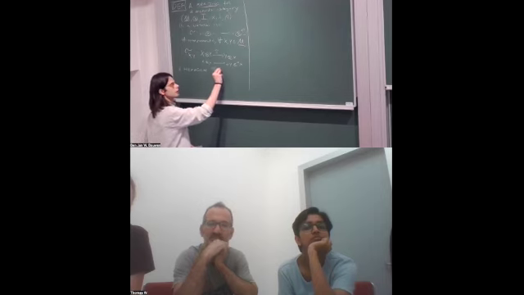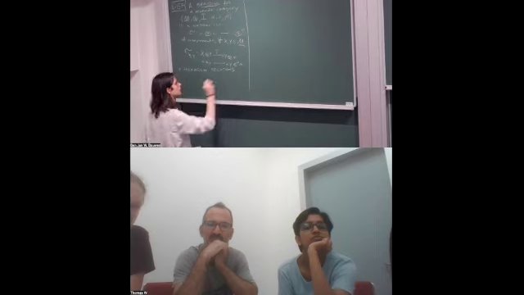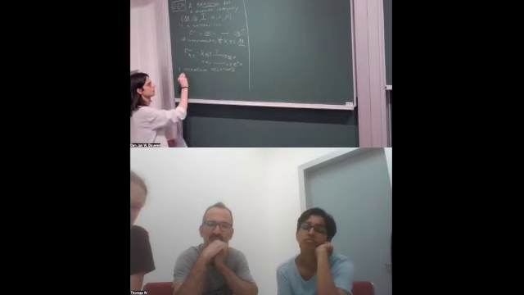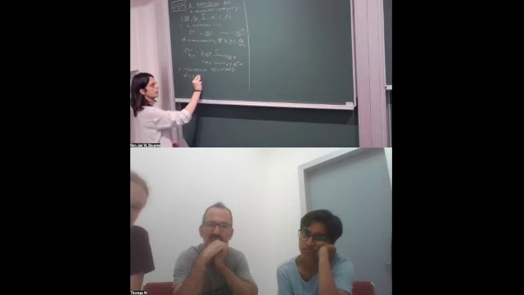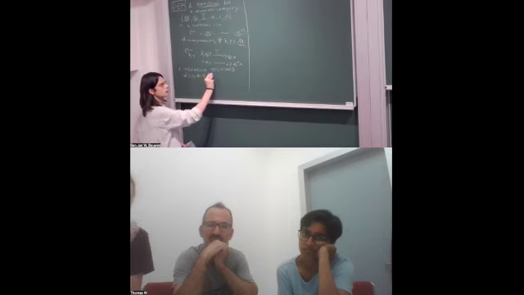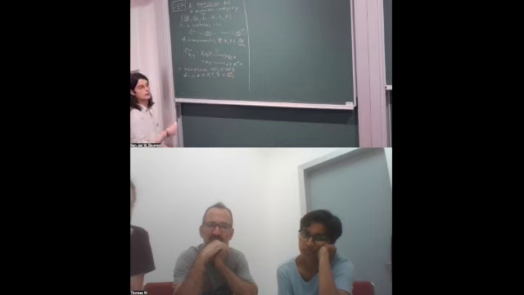But let me write them in a compact way, like this. So for elements x, y, and z in objects in the category, the hexagon relations, if we take the associators to be the identity, look like this.